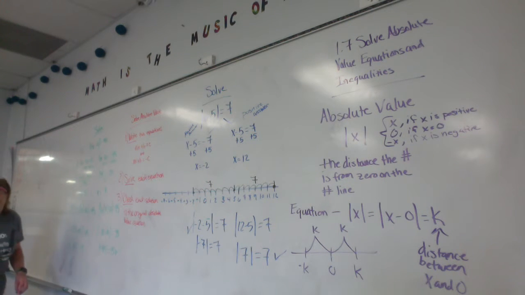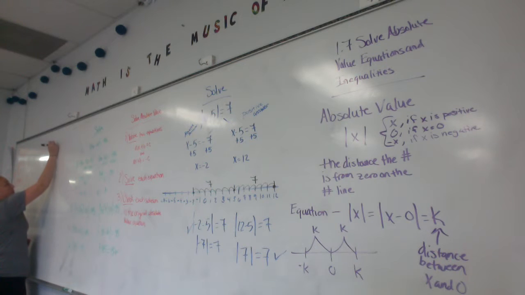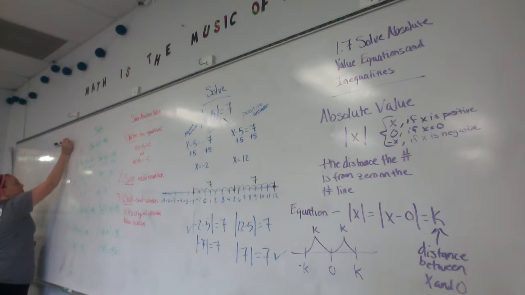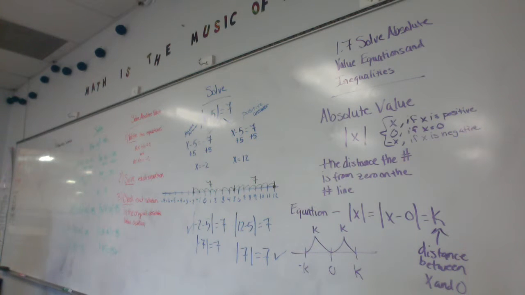One more. There is something called an extraneous solution. Have you heard of an extraneous solution before? Okay, an extraneous solution is this. When you solve an absolute value equation, it is possible for a solution to become extraneous. An extraneous solution is an apparent solution that must be rejected because it does not satisfy the original equation.